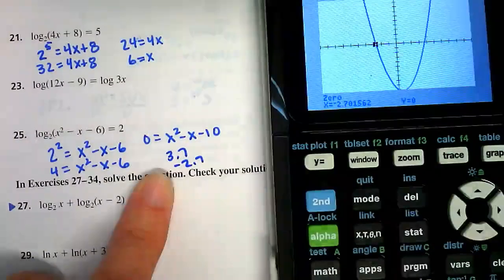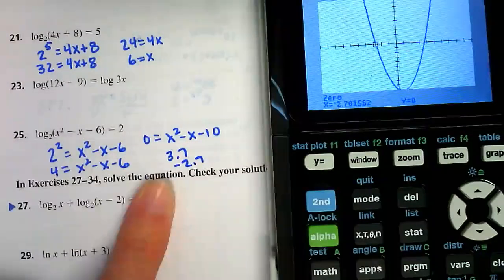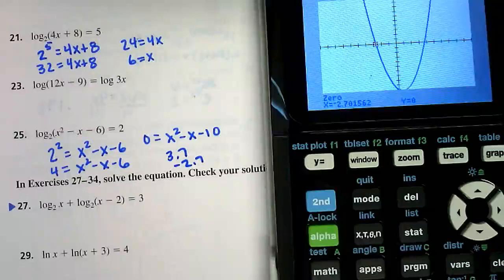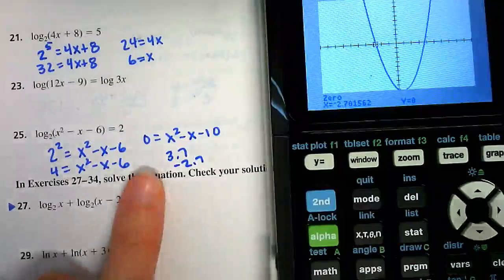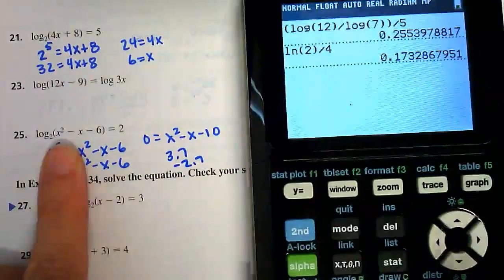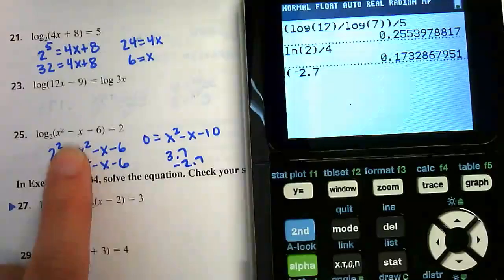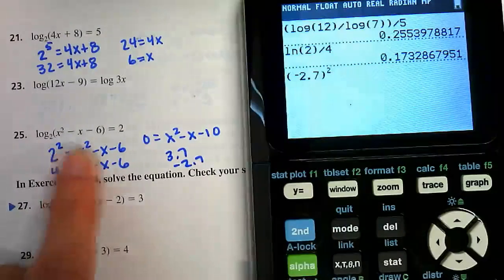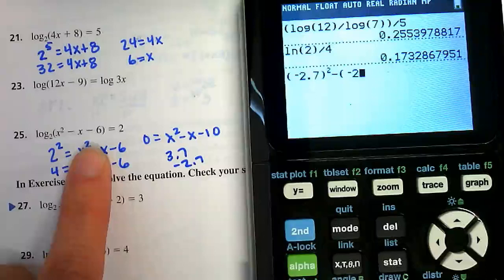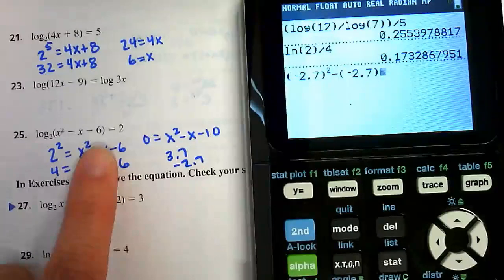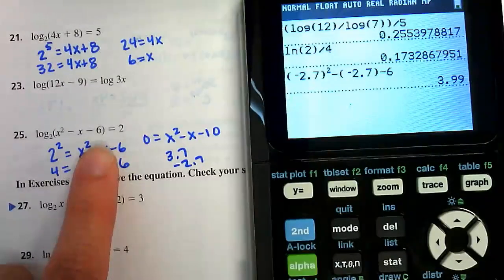And then I'd have to check to see if one of them doesn't work or not. So let me see on this one. This is number 25. This one, both of them are going to work. If I were to plug them into this original equation, I could go negative 2.7 squared minus negative 2.7 minus 6, and I get a positive number.